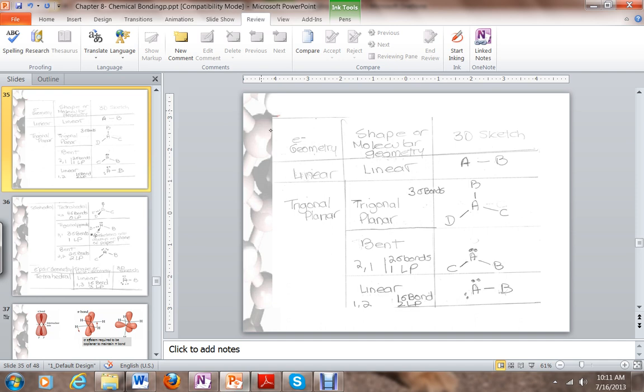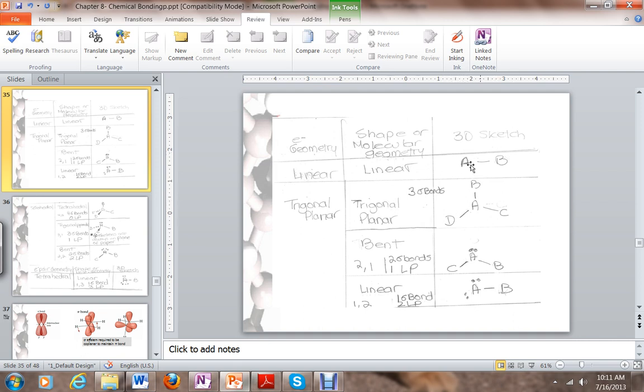If you have a linear electron geometry and a linear shape, you just draw it like that. This is basically a drawing from a 3D sketch, to represent the three dimensions on a molecule.